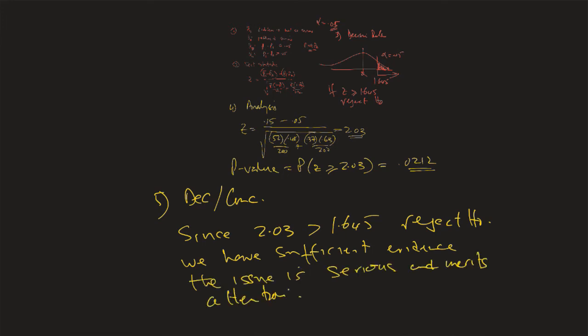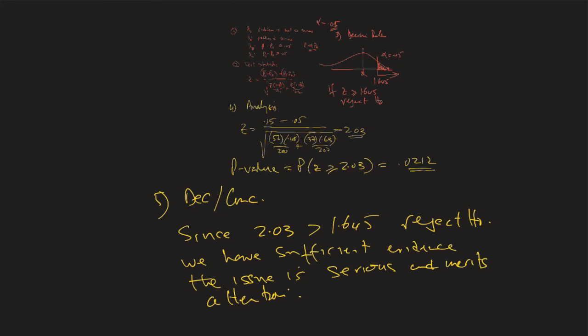All right? And so we have a possibility of type 1 error. The risk of type 1 error in this case is 0.0212 or 2.12%. And if we decided that we wanted to change the significance level to 1%, then in that case we would fail to reject the null hypothesis with a possibility of type 2 error.